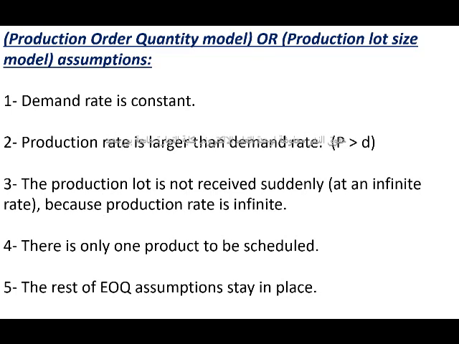We have some assumptions of production order quantity. Demand rate is constant. Production rate is larger than demand rate. The production lot is not received suddenly, there is only one product to be scheduled, and the rest of the EOQ assumptions stay in place.